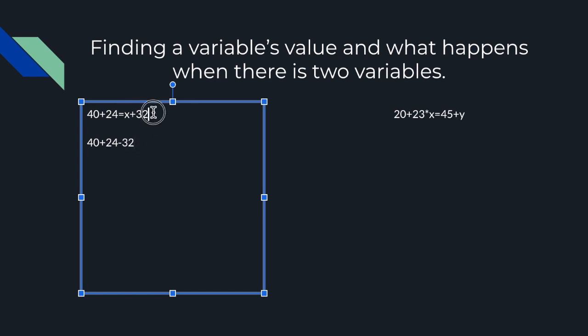That's because this 32 here has flipped to the other side of the equal sign, but now instead of a plus, it has a minus, and this would equal x. So now we'll do the work. Minus 32 equals x. And if you want, you can flip it. X equals 32. And now you found what x equals.